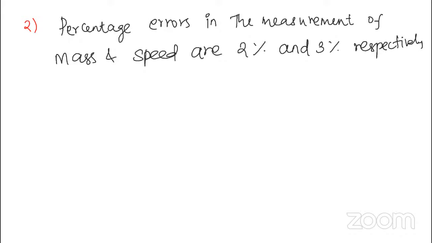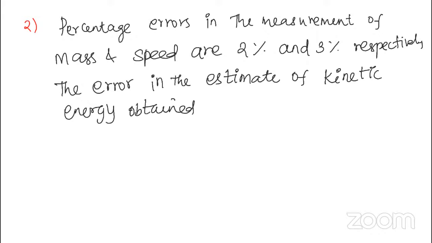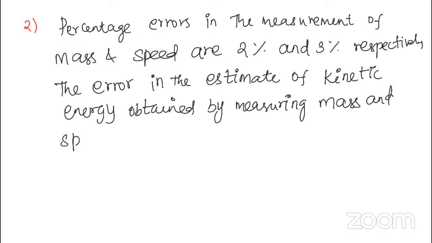Then the error in the estimate of kinetic energy obtained by measuring mass and speed will be what?